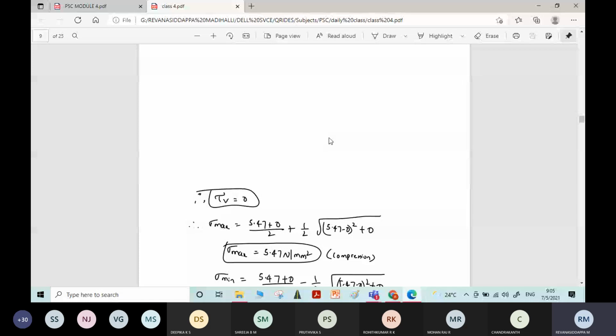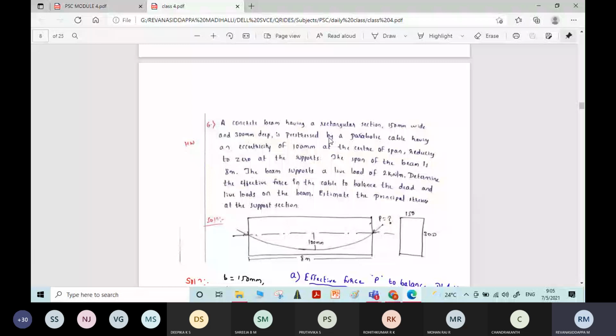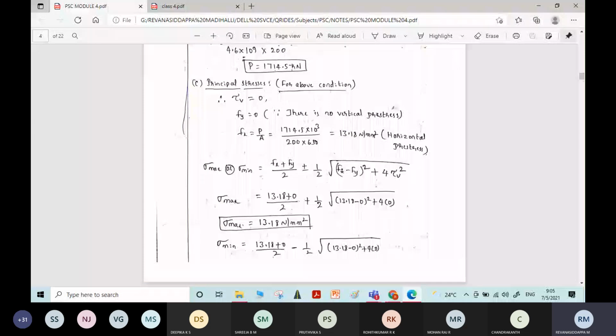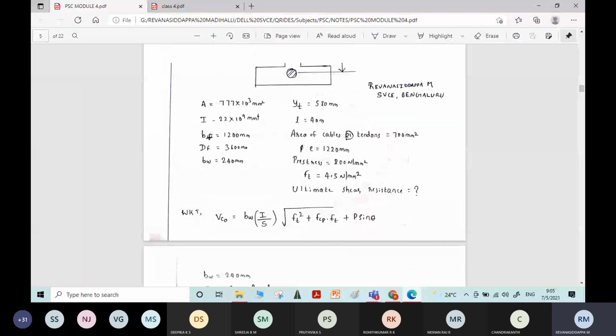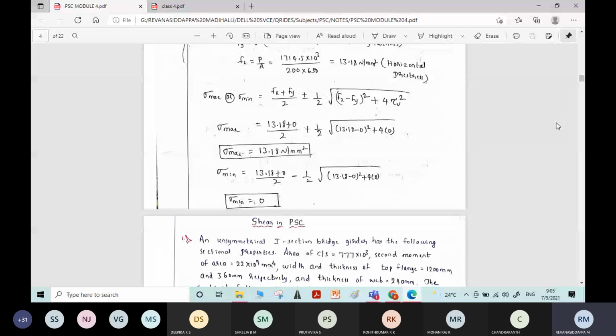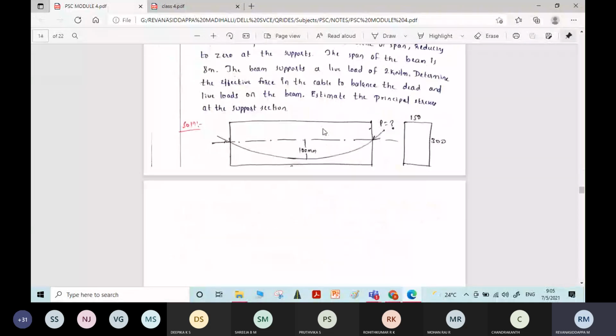We have solved up to problem number 6. Today we'll start with problem number 7. Okay, so all of you please note down problem number 7.